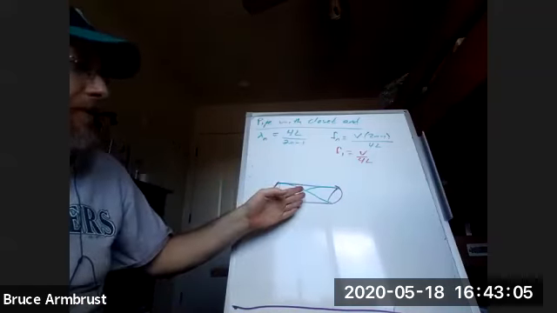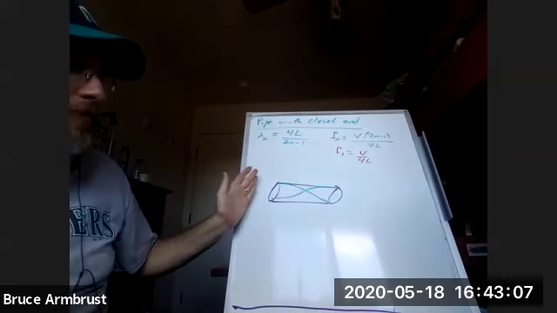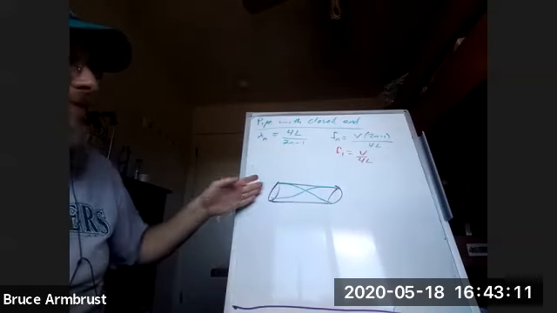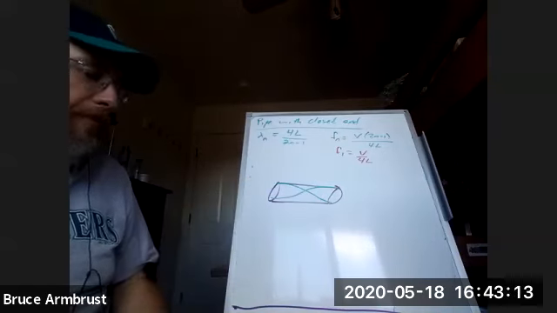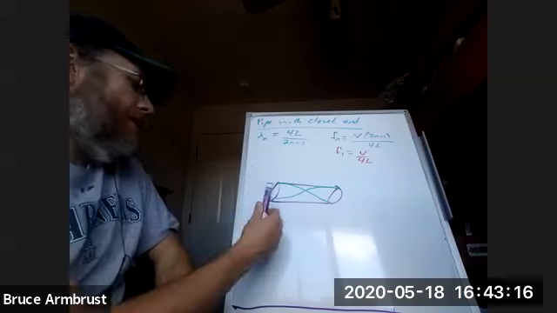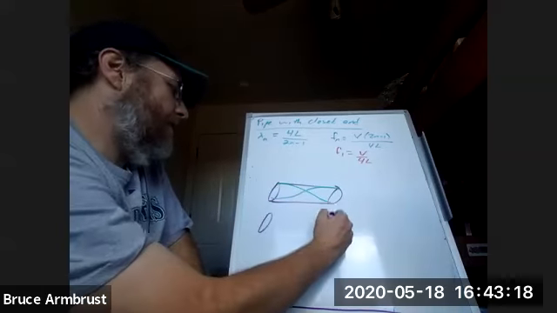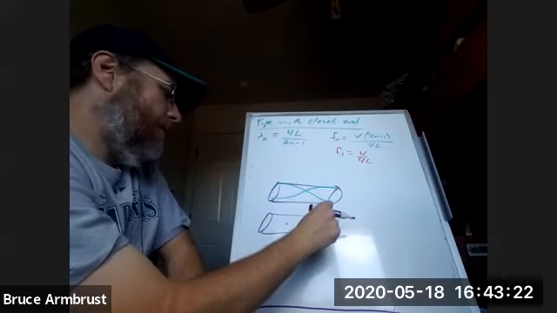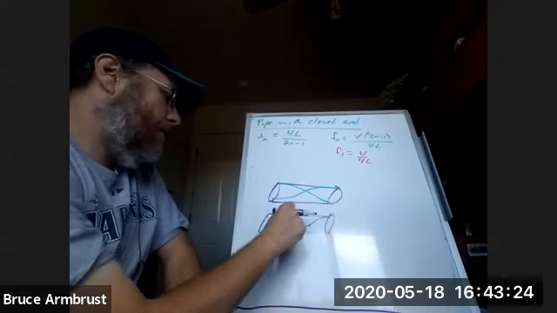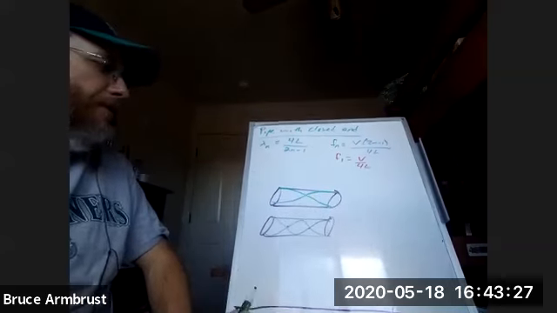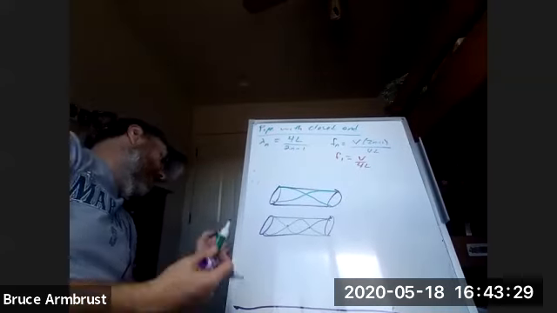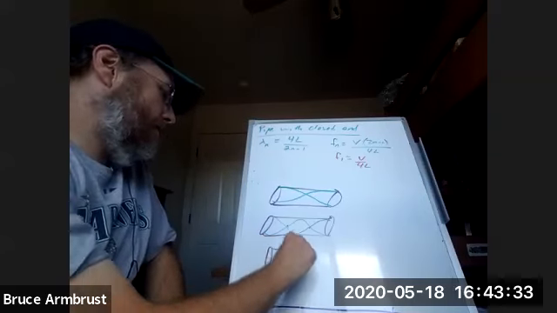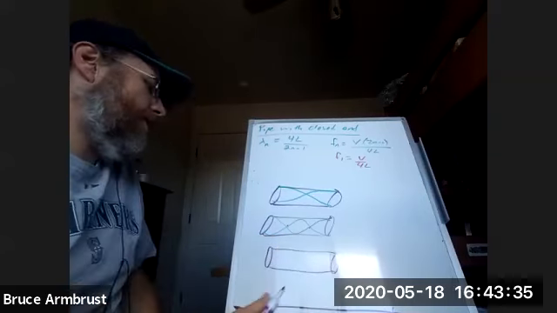If there is no node, there is no wave, because whatever that pressure differential is would be the same throughout, which means no wave. So there's our fundamental. The next one up, instead of having one node in between, is going to have two nodes in between. So what we're going to get is something that looks like that. So there's the second one. And then the third one would have three nodes on the inside.